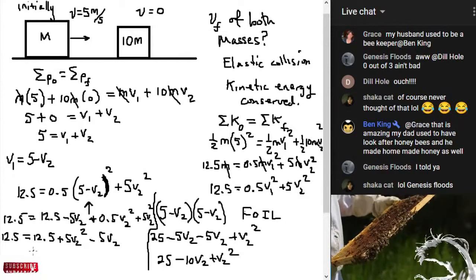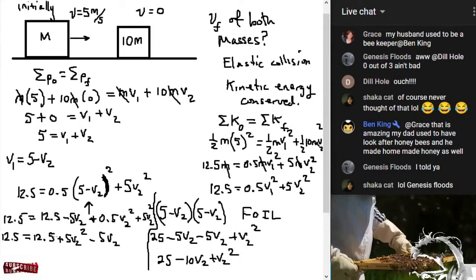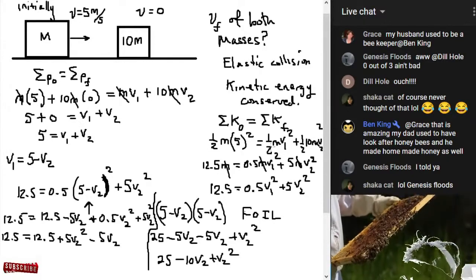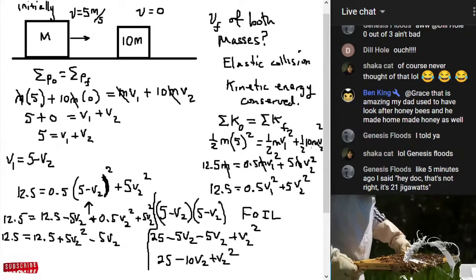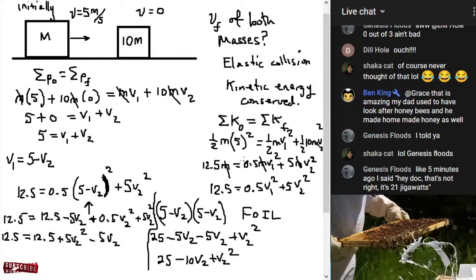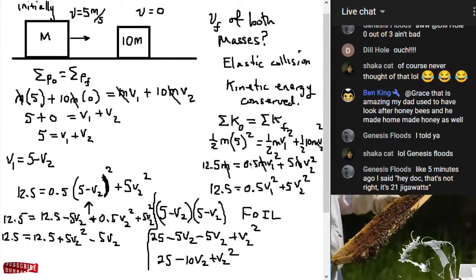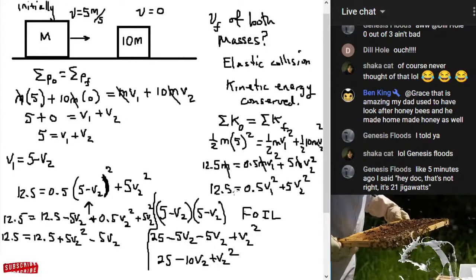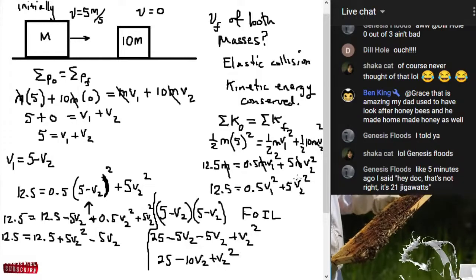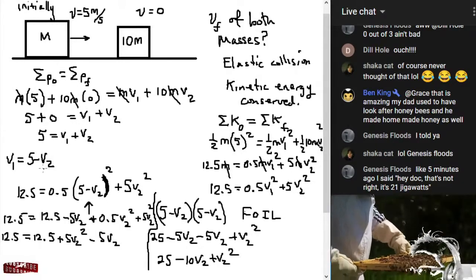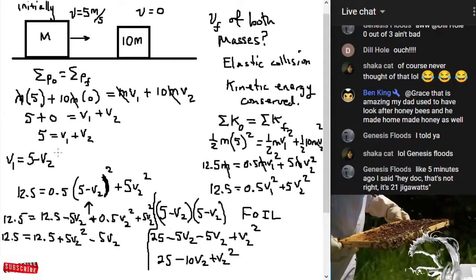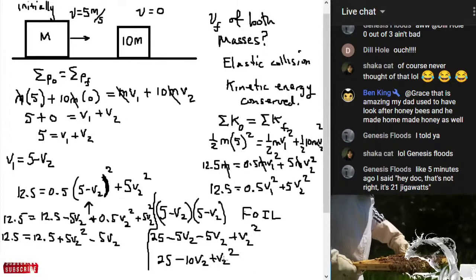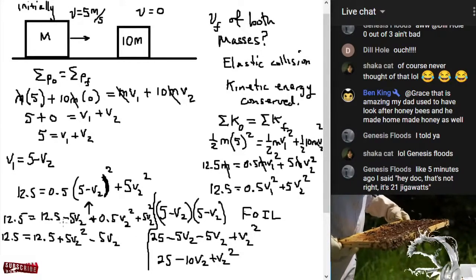All right. The reason I know this is wrong is because this is going to add up to 0, which is not right. So what's wrong here? So let's go back. 1/2 of m times 5 squared is 25, plus 1/2 m v1 squared, 10m. So this is 12 and a half equals 0.5 v1 squared plus 5 v2. First, outside, inside, last. 12 and a half.